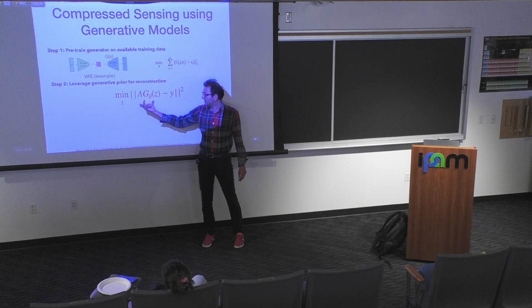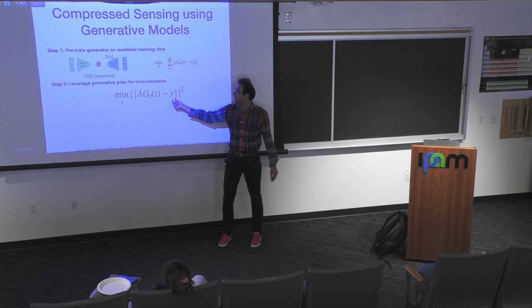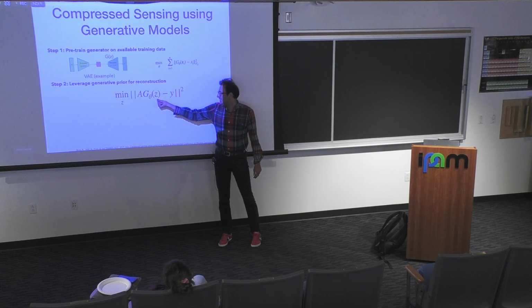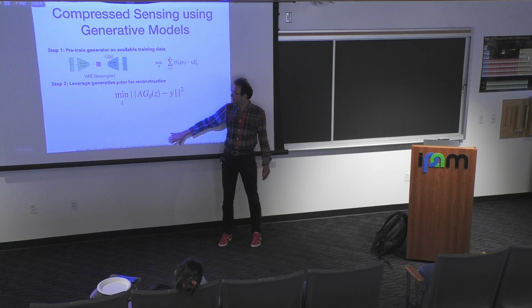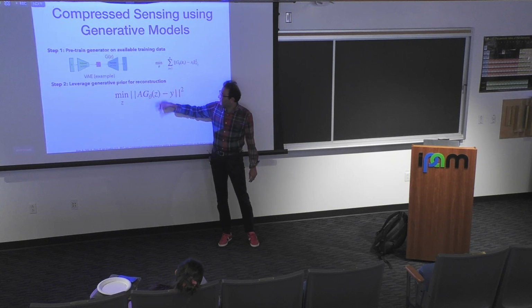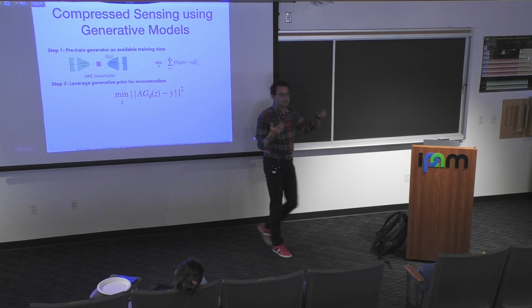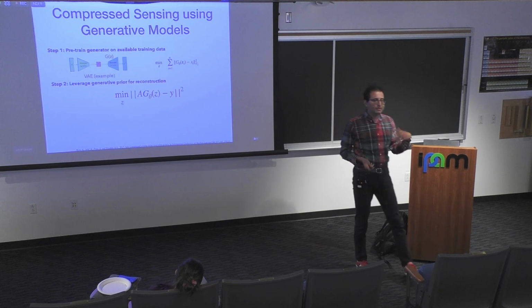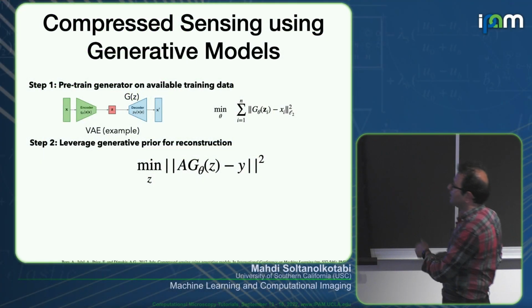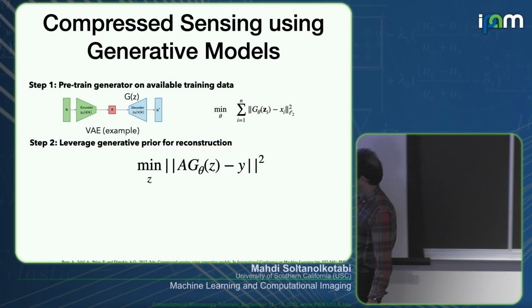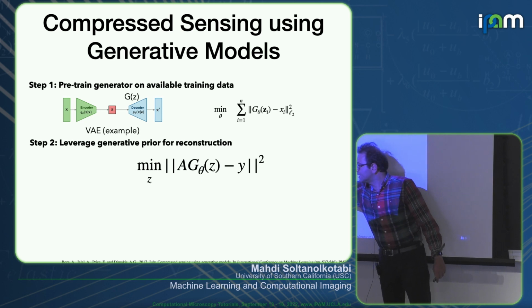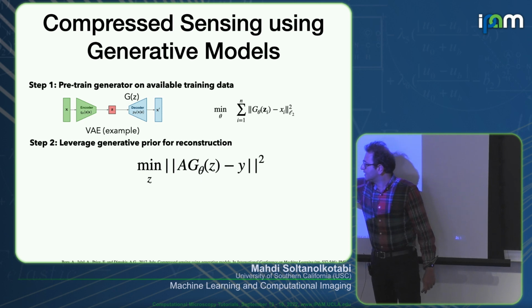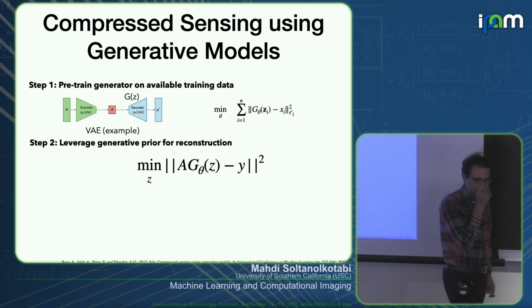In this case it's linear, but even if it was nonlinear, you do the same. And you try to find the latent representation that is consistent with your measurement. So in some sense, you've learned the manifold, or whatever you want to call it, of where the data lies from your training data, and then you just try to enforce that in your forward model. You try to find the latent parameters that fit this model.